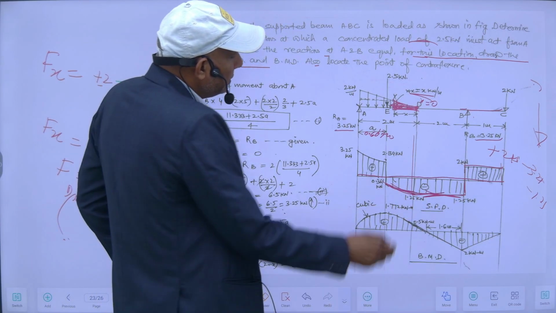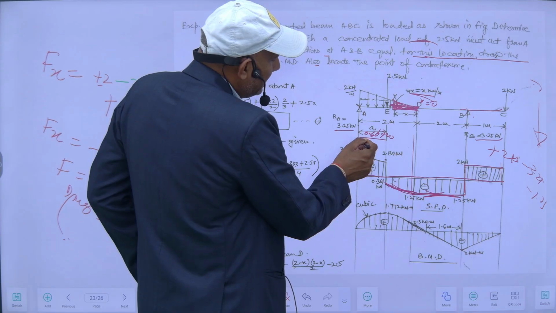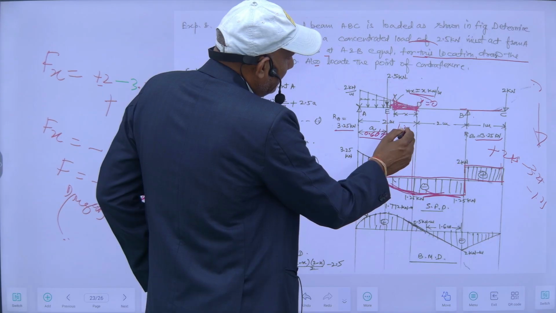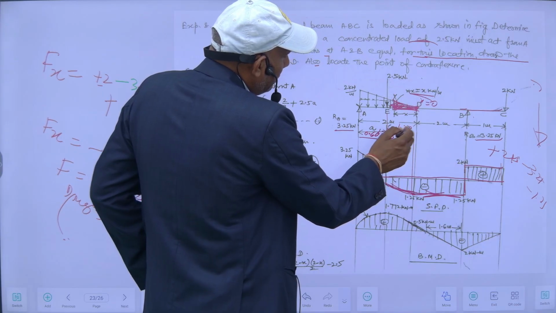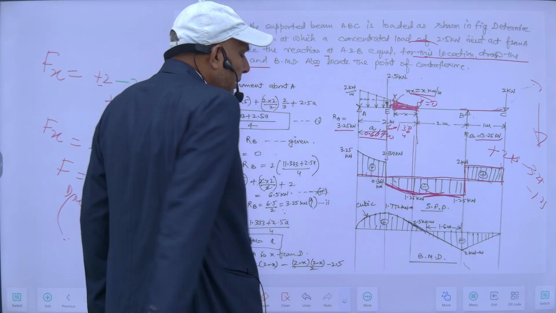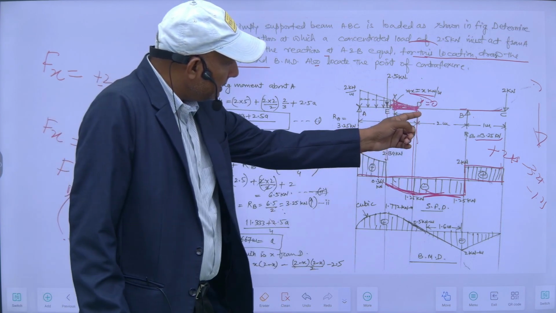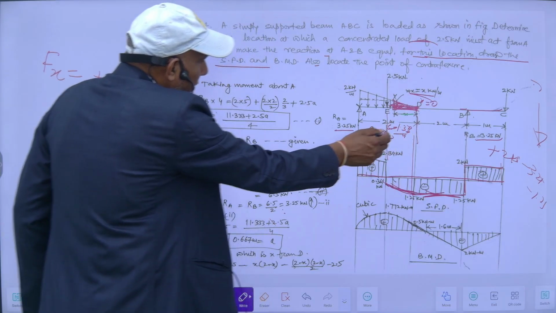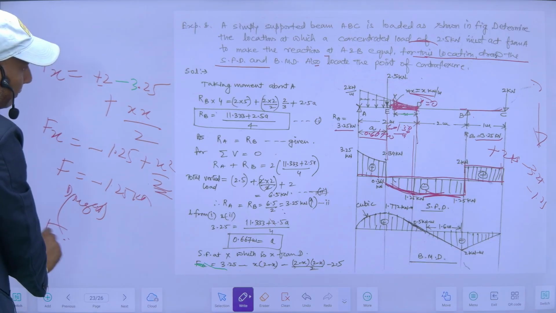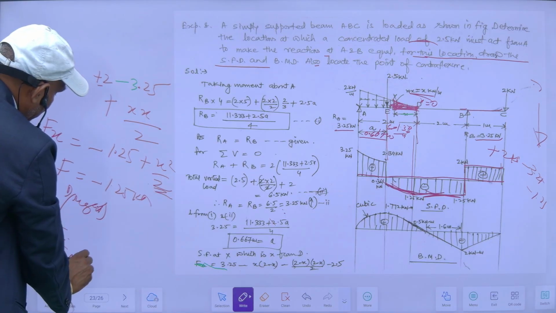If I want to know the shear force at this E point, since it is 0.667 and the total is 2, this will be 1.333 meter. I will put this value of x in this equation to get the shear force at E on the right side.